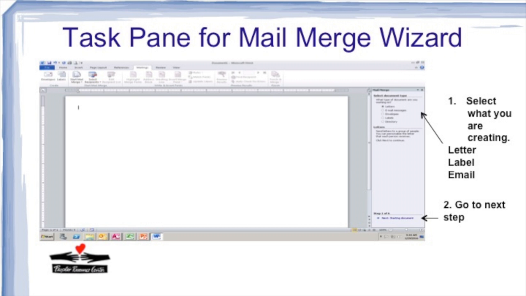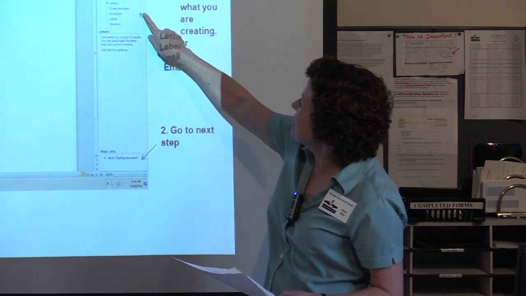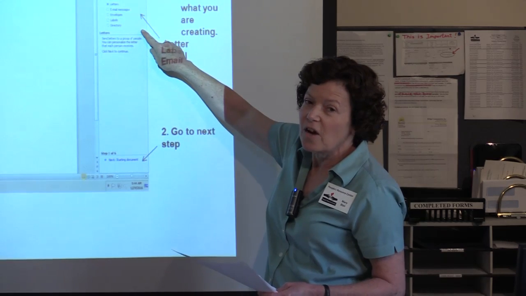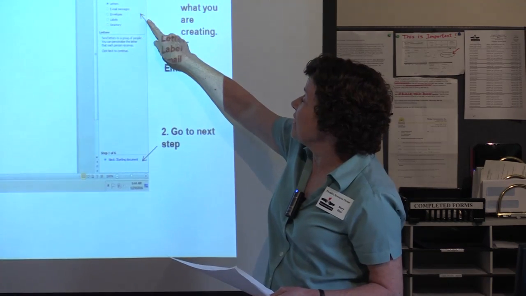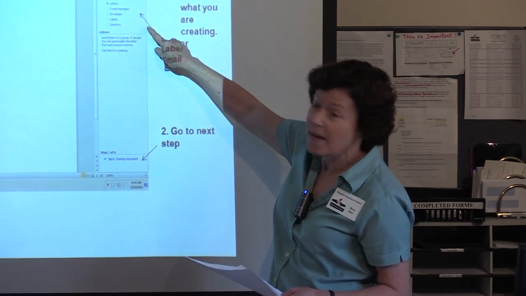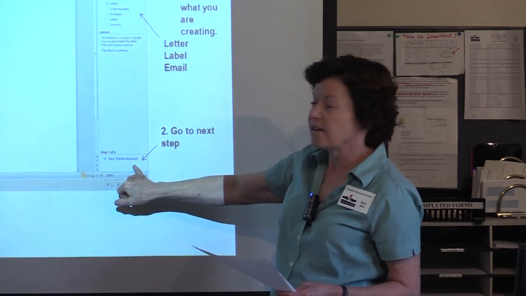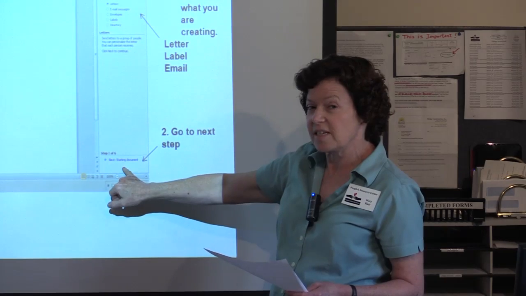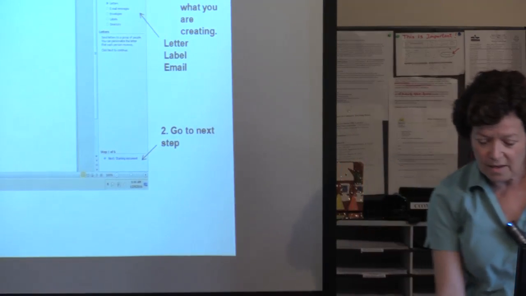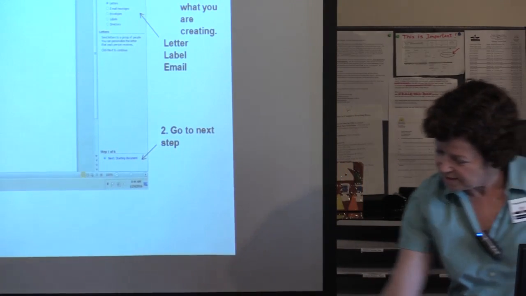So the first step would be to select what type of document you're creating. Are you creating a letter, an email, or labels? Okay? And then you pay attention to down below, it brings you to the next step. Okay? So we're going to actually do that.